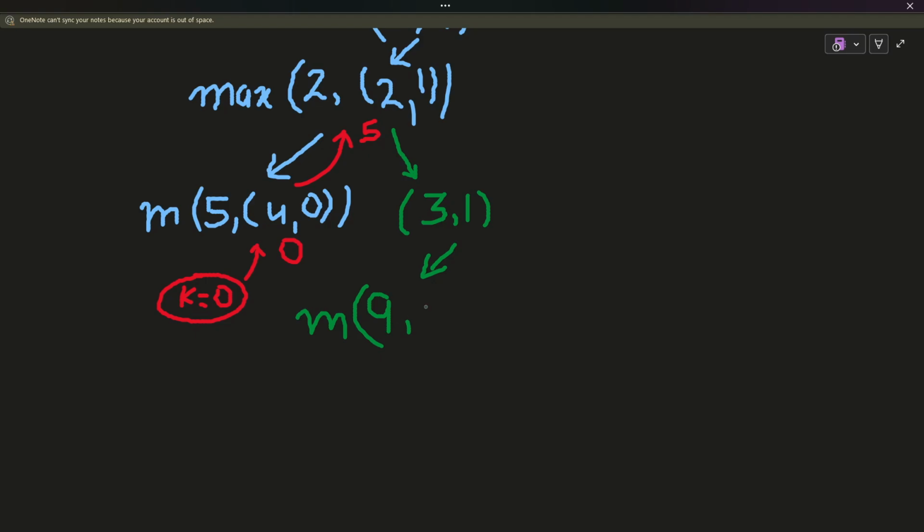Because we are picking it here. Okay, so 3 plus 2, which is 5, and this will become 0, which means we have robbed our houses, right?